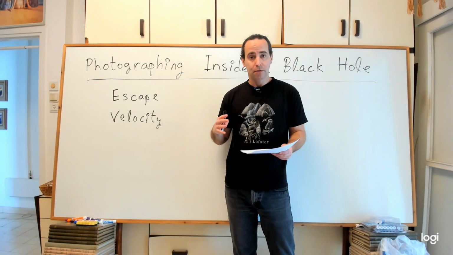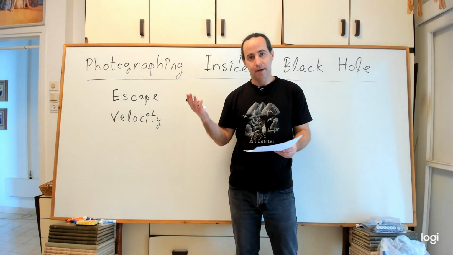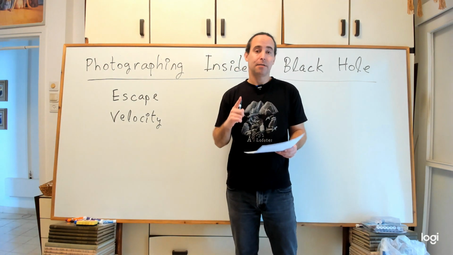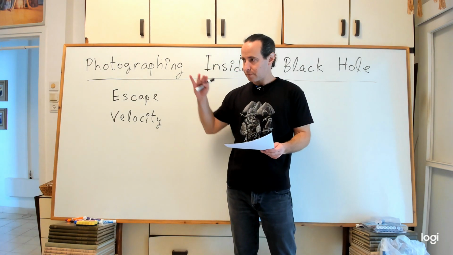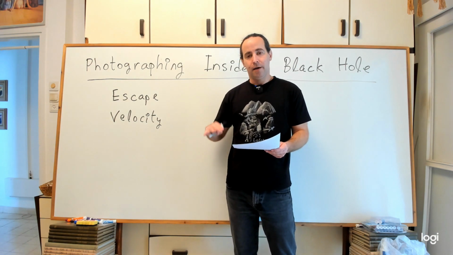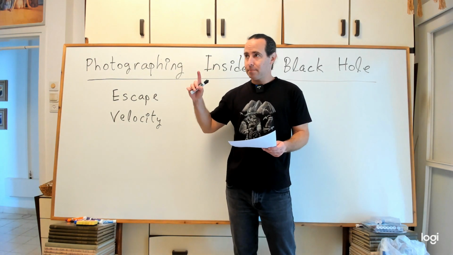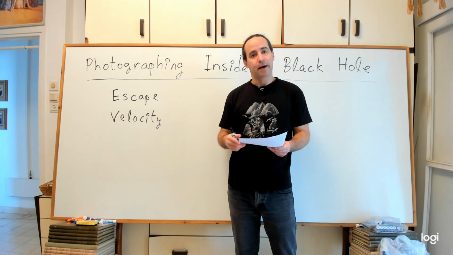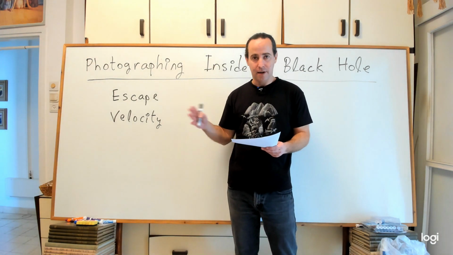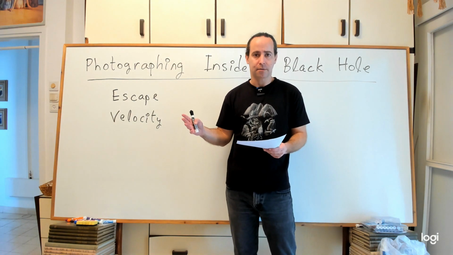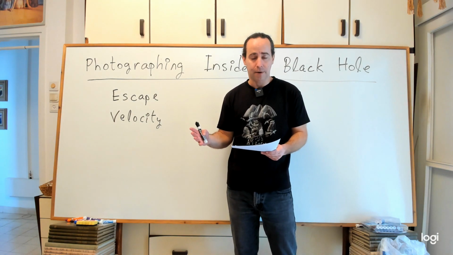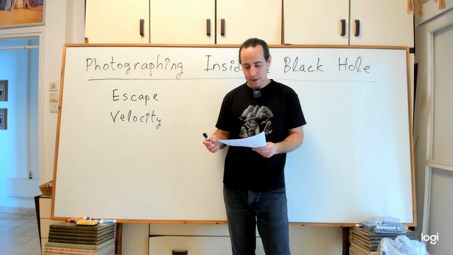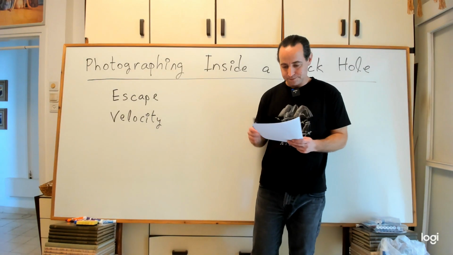But if we could throw it at the escape velocity, this is the speed that a rocket that is going to space is flying. I think it's 11,000 kilometers per hour, something like this. Okay, so there is an escape velocity.